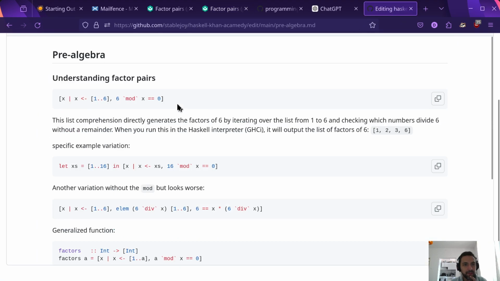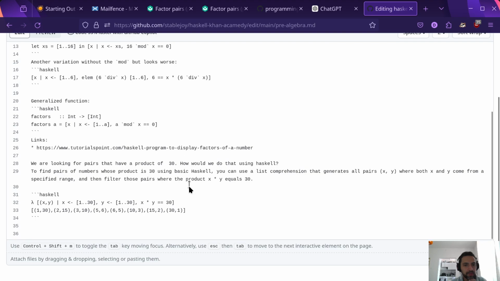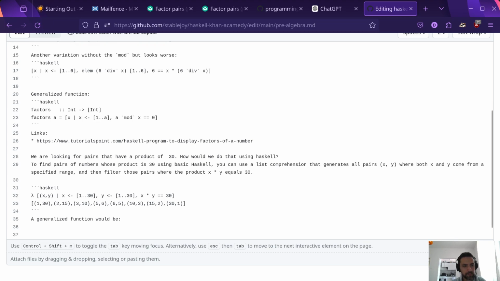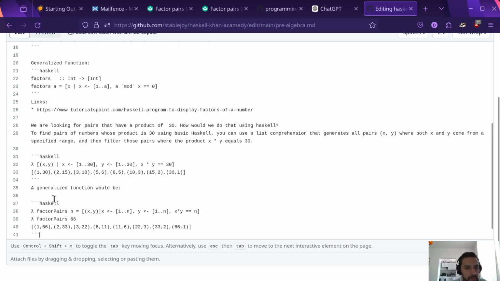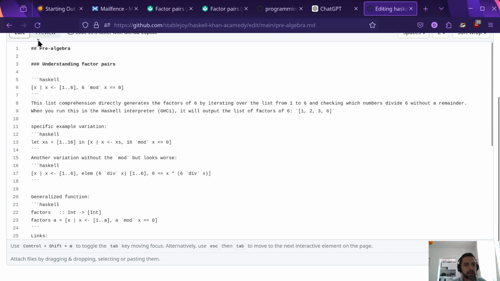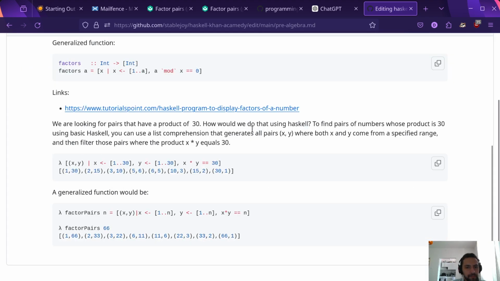So let's add this too. A generalized function would be implemented like this: factor pairs 66.